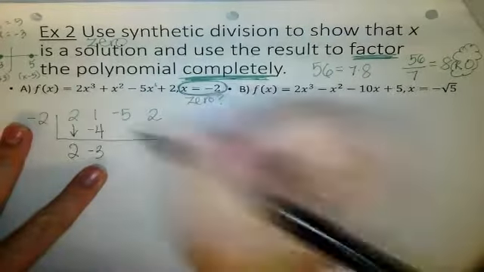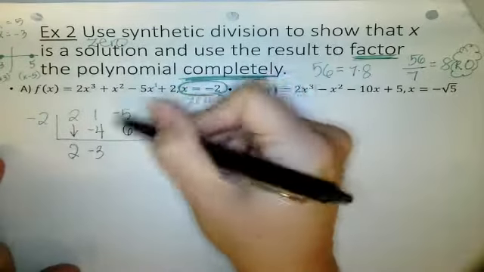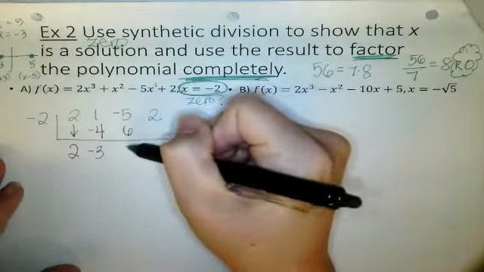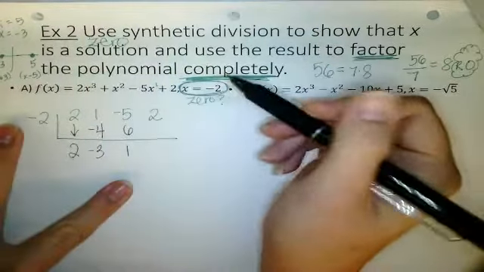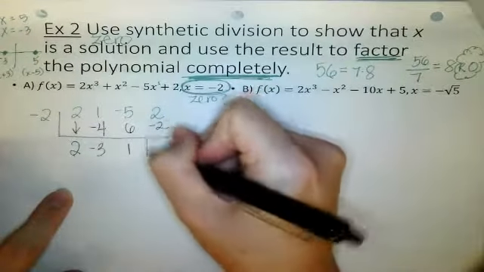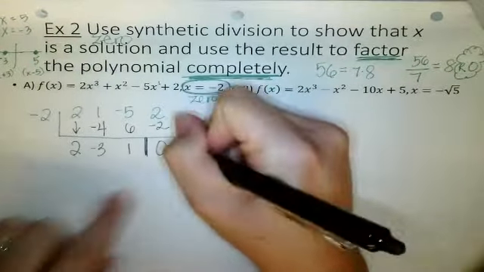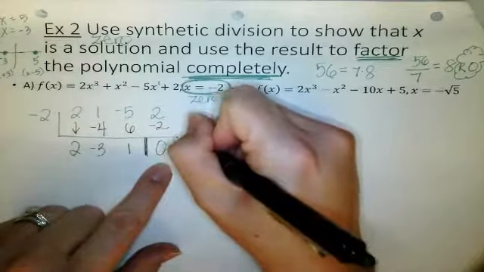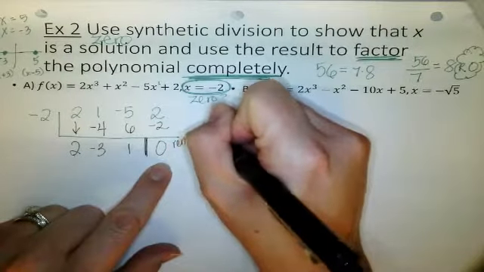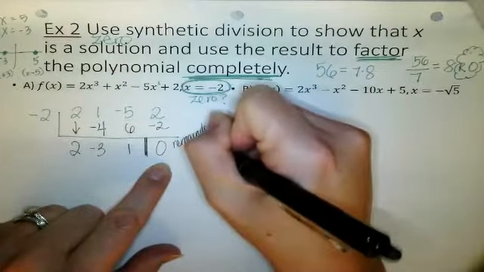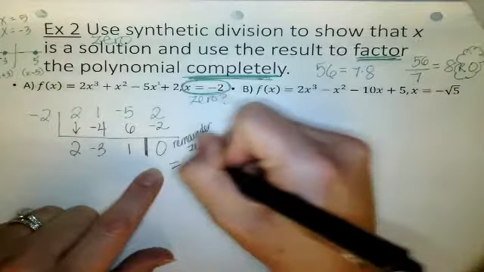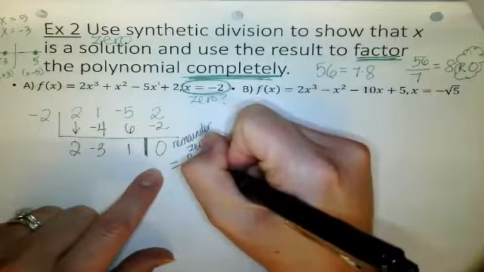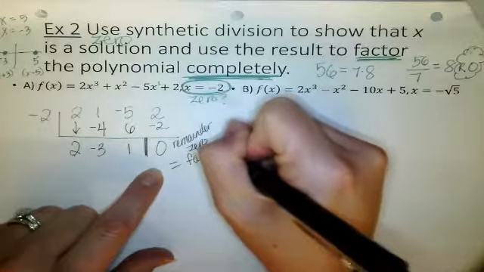Multiply. +6. Combine. 1. Multiply. Combine. 0. Remainder 0. Remainder 0 means we have a factor.